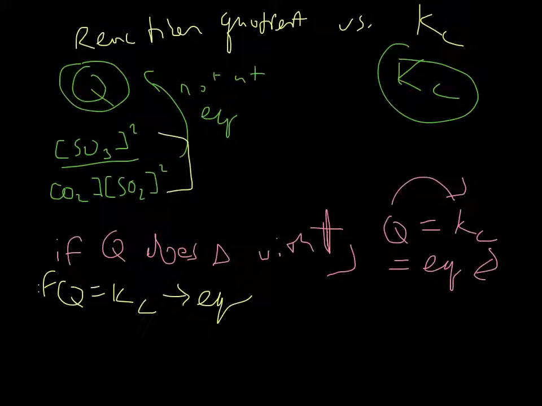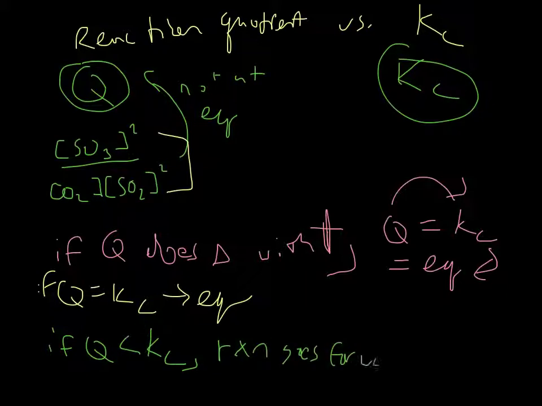Now these are big ones. If Q is less than Kc, the reaction will move forward, which means it will favor the product side.